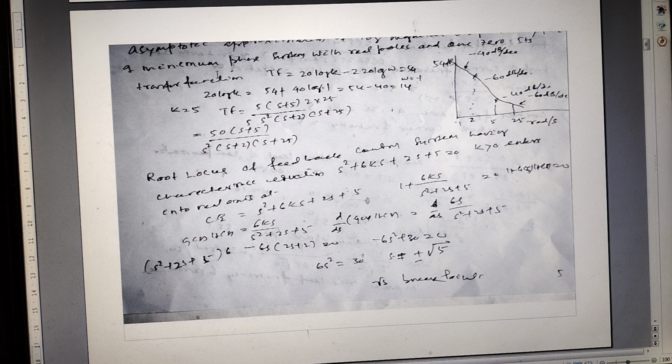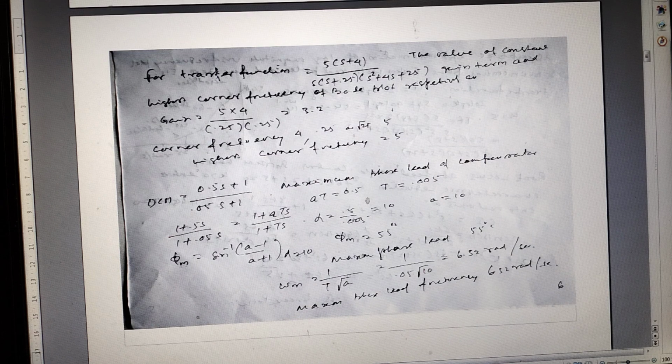The first line is missing, that is asymptotic approximation of log magnitude versus frequency plot of a minimum phase system with real poles and zeros is the transfer function like this. The same Bode plot is continued. The maximum phase transfer is at 632 rad per second.